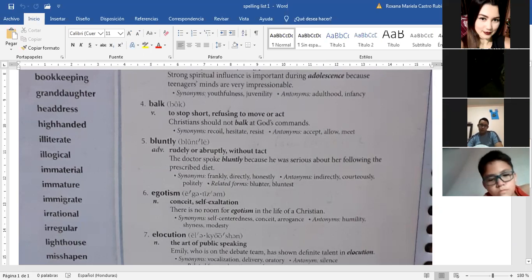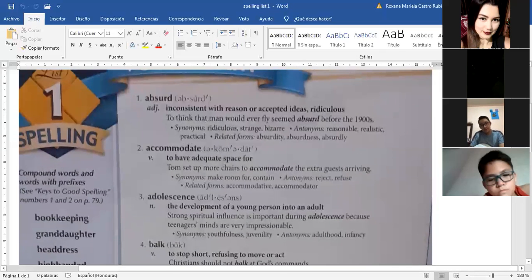Which one do you think it is? The gym was designed to absorb. The gym was designed to accommodate several thousand people. Exactly, the number 2, accommodate.